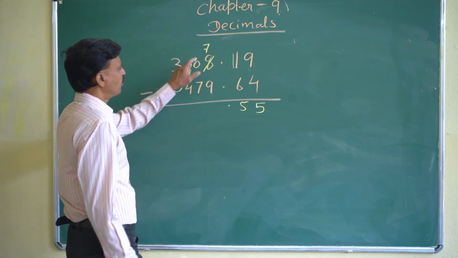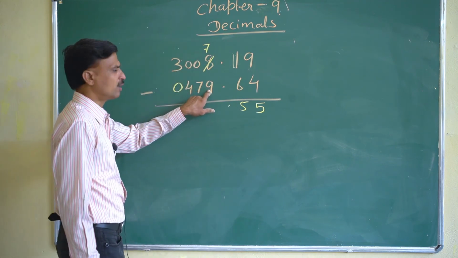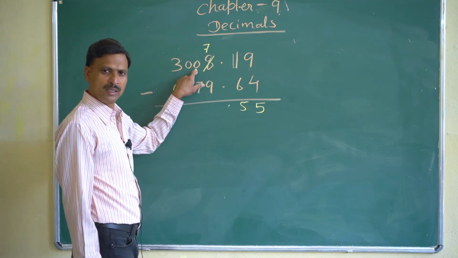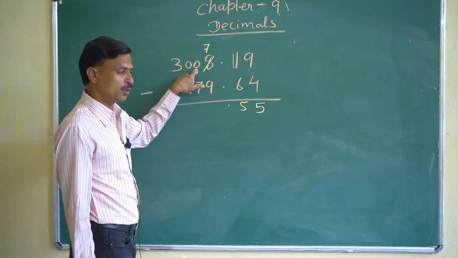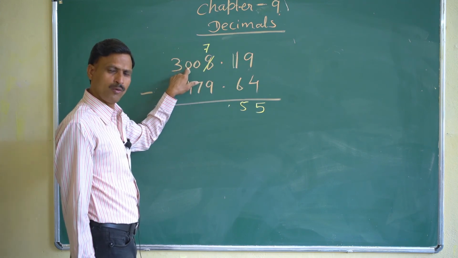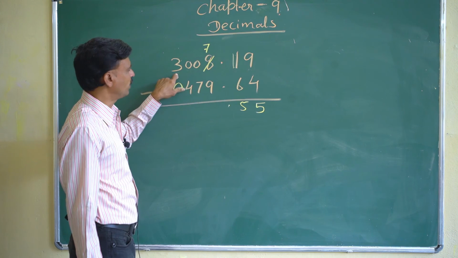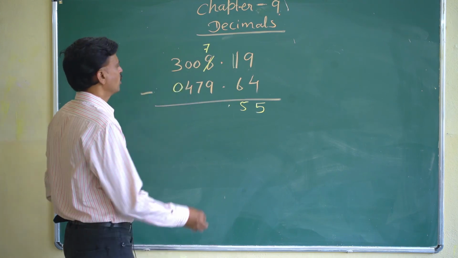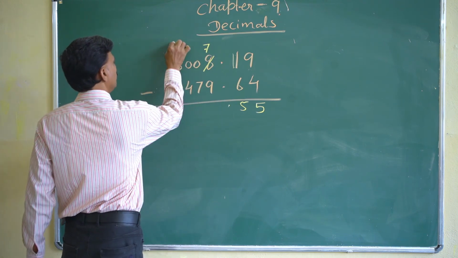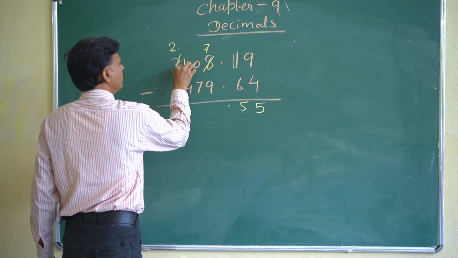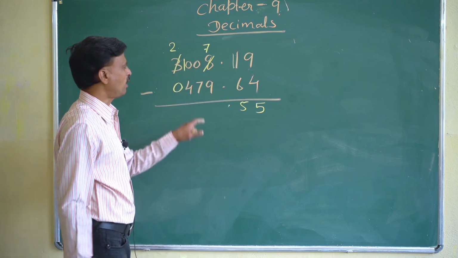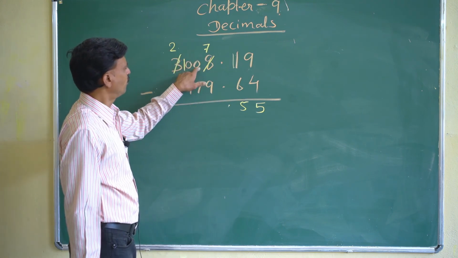Decimal. Now from 7, 9 cannot be subtracted. We have to borrow. But it is 0. From 0 we cannot borrow. Before that, this is also 0. We cannot borrow. So what do we have to do? We have to borrow from this 3. So this 3 becomes 2 and this becomes 10. Then from this 10 we'll borrow for this number.